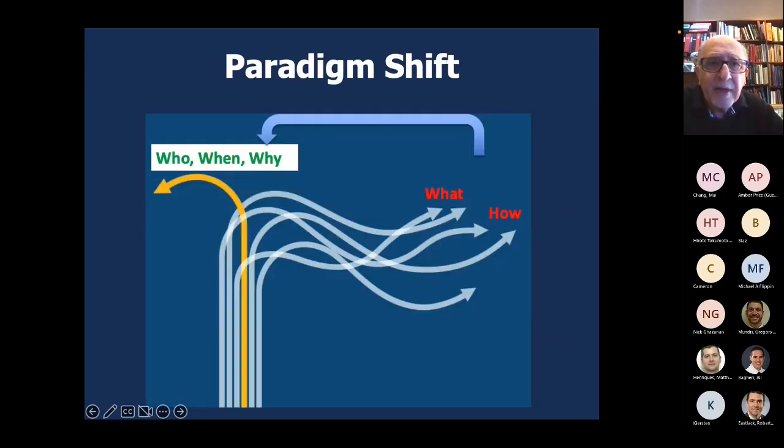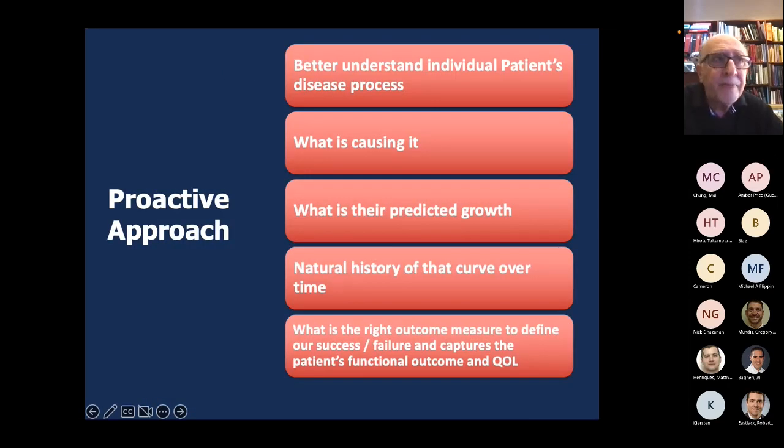And if we look at the paradigm shift, we're really going from what and how to who, when, and why. And that's really the different thought process of what we had in the past.